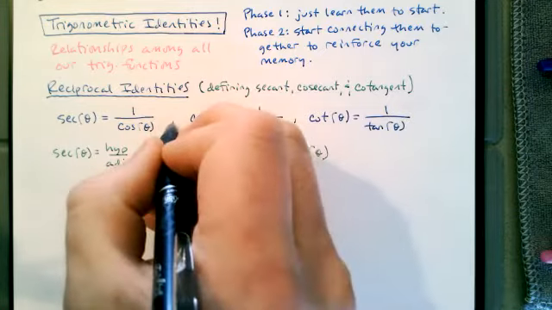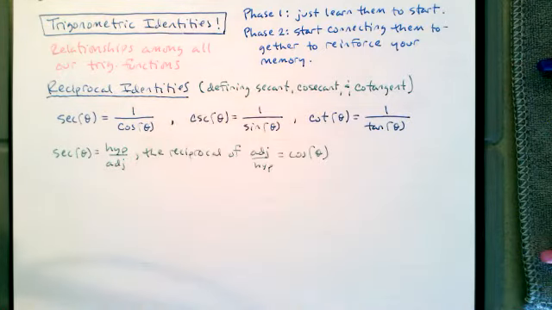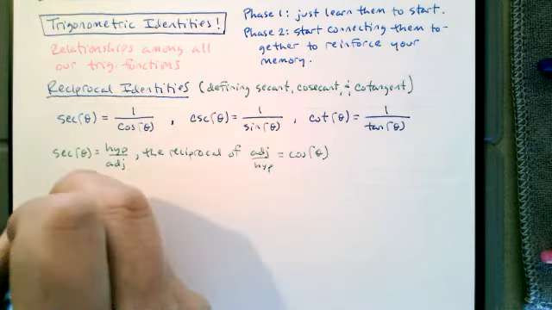The more connections we can make between things, the easier it will be for us to remember the things when we need them. So, part 1, reciprocal identities, defining secant, cosecant, and cotangent. Next, I think the next category is called quotient identities.